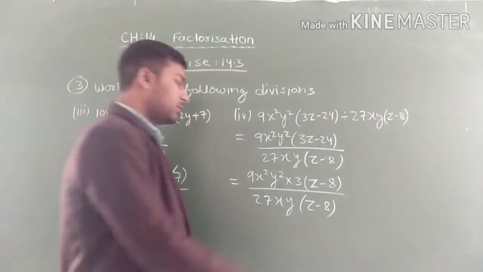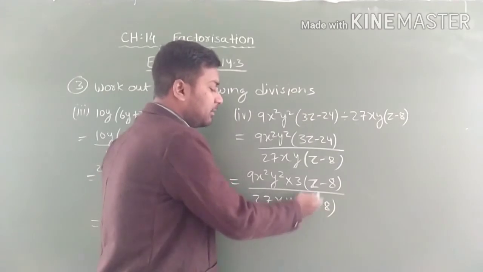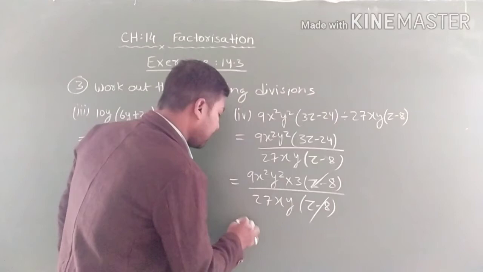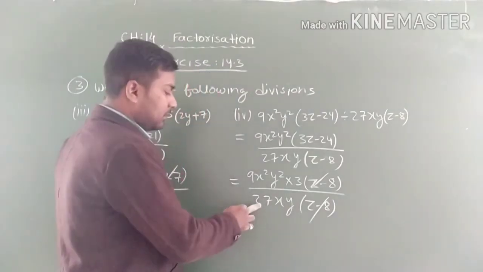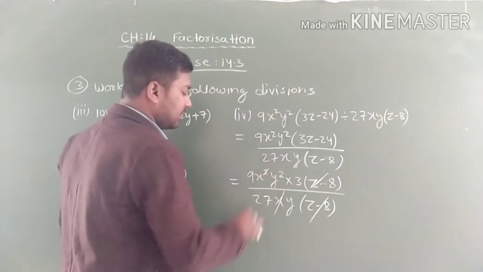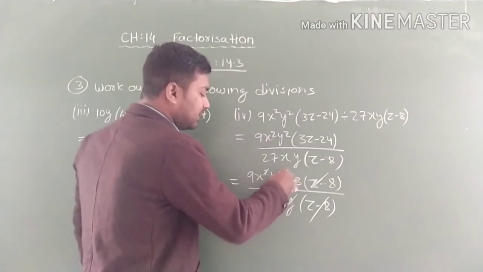Okay, so we can clearly see here z minus 8 and z minus 8 will be cancelled out. And the other thing, that is x and that is x square, so x and 1x is cancelled. Now y, and this is y square, so 1y is cancelled.